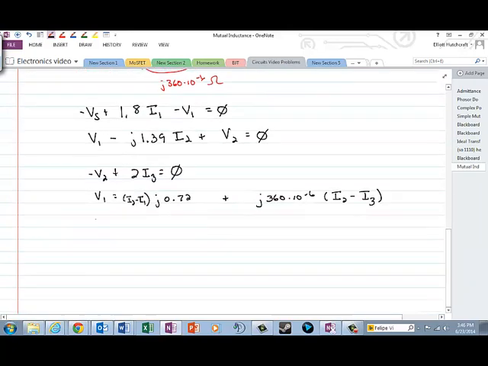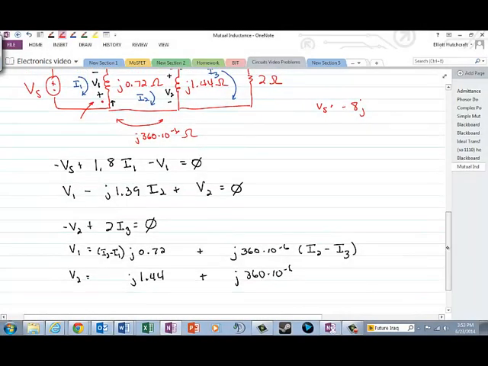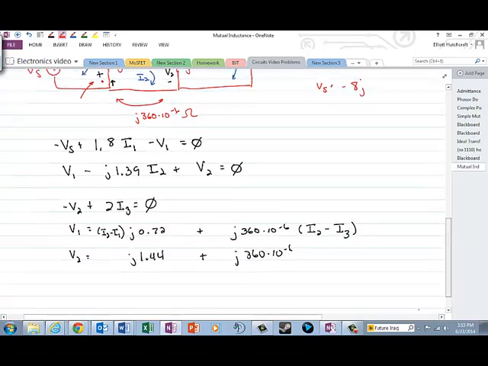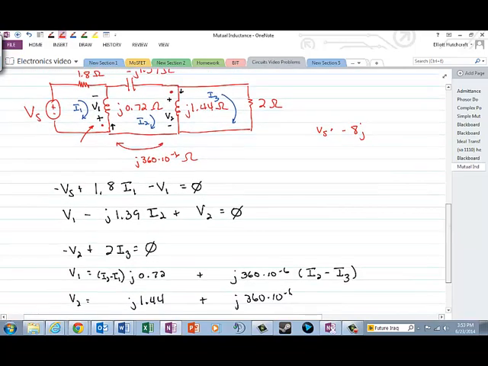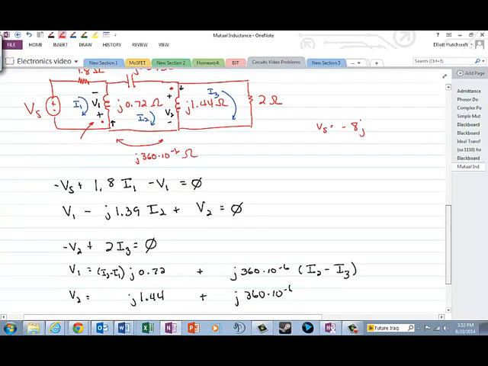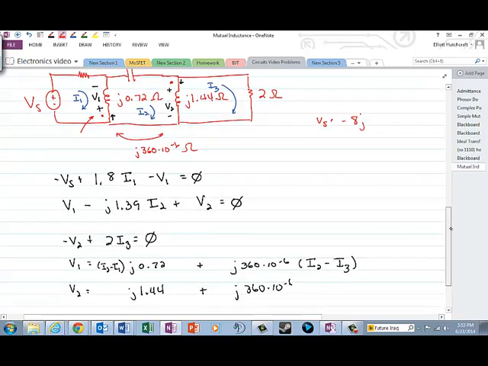Now we need to do the same thing for V2. The V2 term is going to have the self term, which is J 1.44 times the current satisfying the passive sign convention, which will be going into the dot, since we defined our voltages as plus at the dot and minus on the other side.